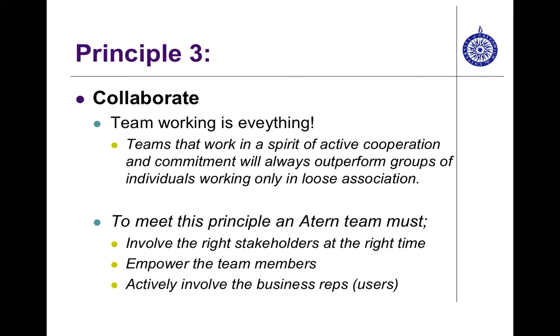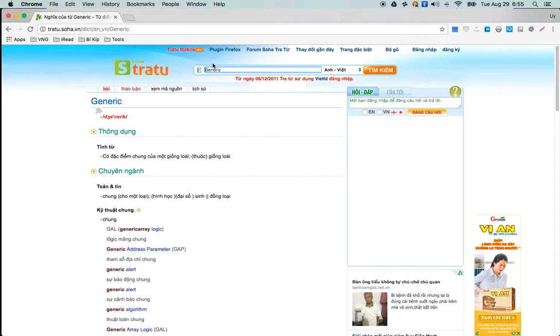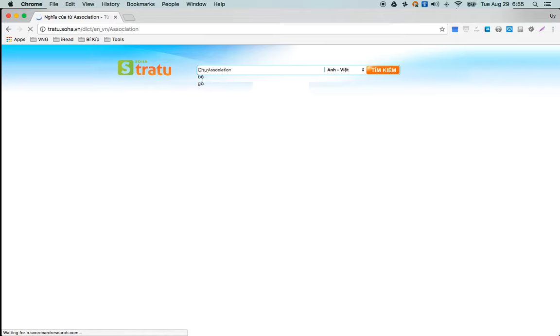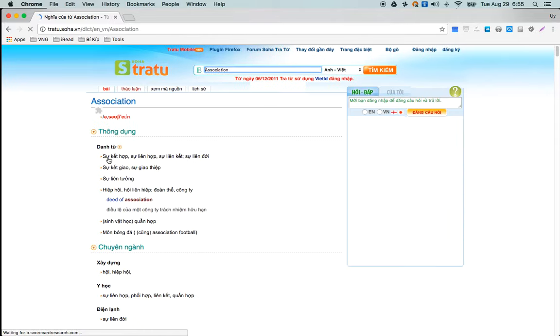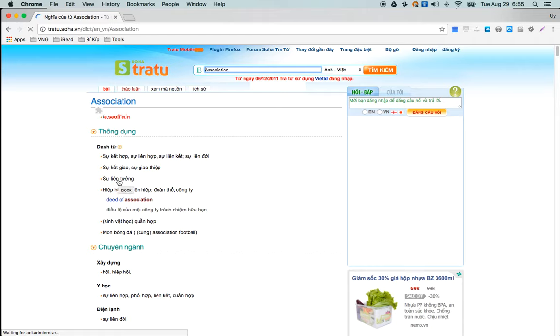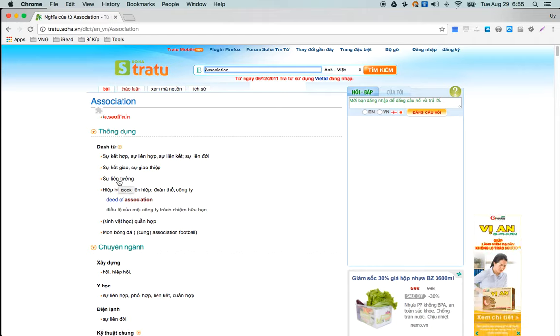What is close association and what is loose association? Close association means everyone in the group knows the progress of the whole group and of every single individual. They know exactly what other team members are doing and when they will finish. And if needed, they will communicate together immediately.